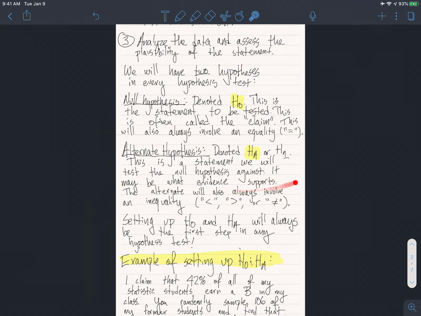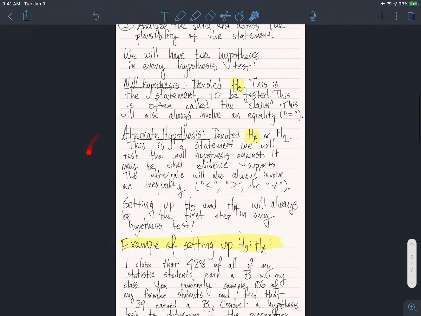There are always going to be two hypotheses at play. The claimed hypothesis: your friend claims the coin's not weighted, that the coin is fair. Or I say 42% of people in my classes get B's. Or 14% of people smoke. Or that the average salary at this company is $50,000. There's some claim that's made.